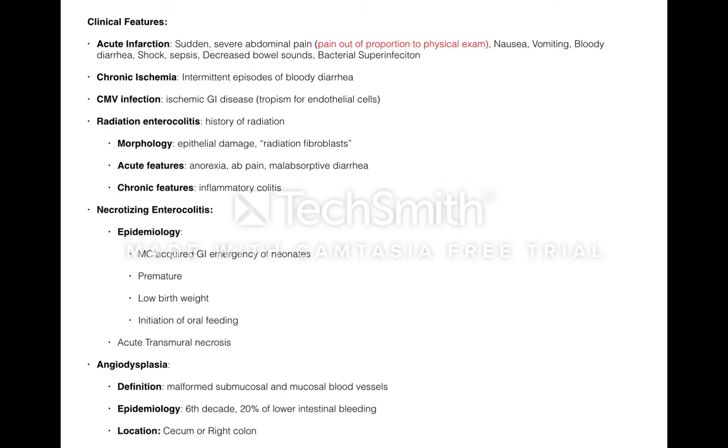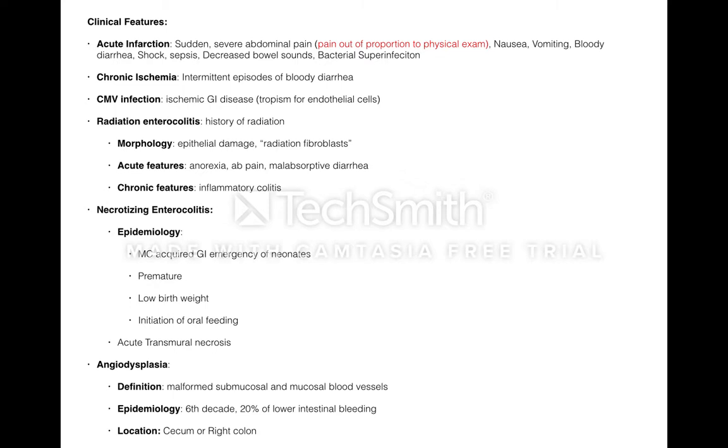In acute infarction, patients will present with severe sudden abdominal pain, which is out of proportion to physical exam. That's going to be your characteristic trigger phrase in a test question, being out of proportion to physical exam. They can have nausea, vomiting, bloody diarrhea, or even shock and sepsis as well.